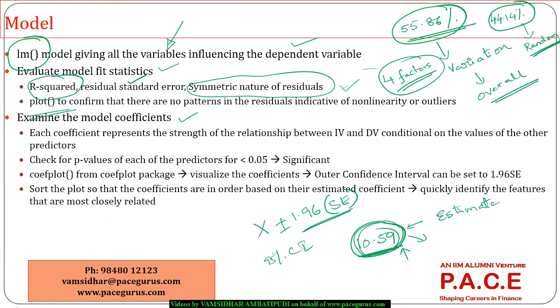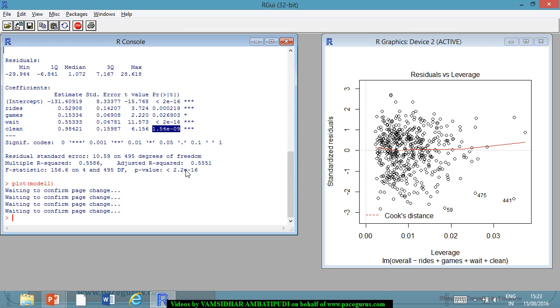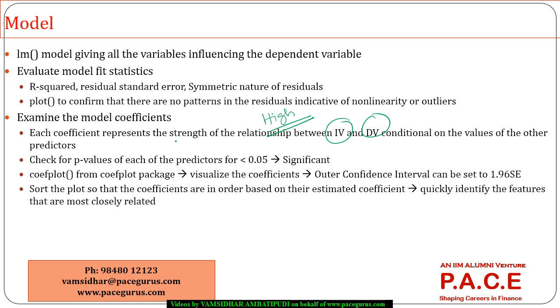So all four coefficients talk about the relationship between the independent variables and the dependent variable. The strength of the relationship is pretty good, right? Between the overall satisfaction and each of the related satisfaction variables, which are the predictor variables, all of them have p-values less than 0.05.